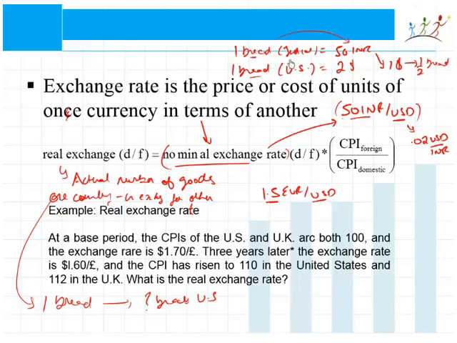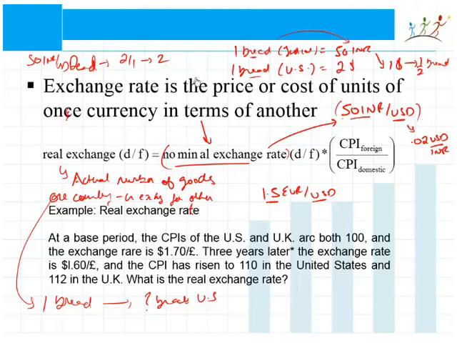So one bread in India is equal to half a bread in the US, or the real exchange rate corresponding to a nominal rate of 50 INR to the USD will be given as 2:1, or simply 2. That is, 2 goods in India equal 1 good in the US.